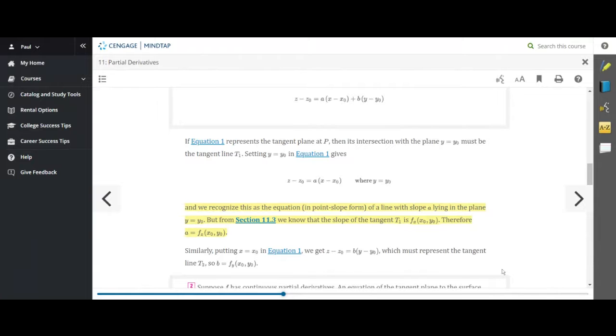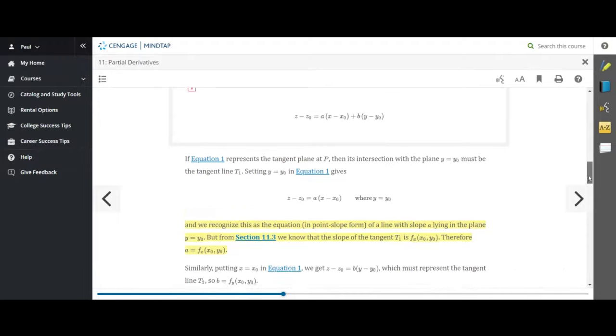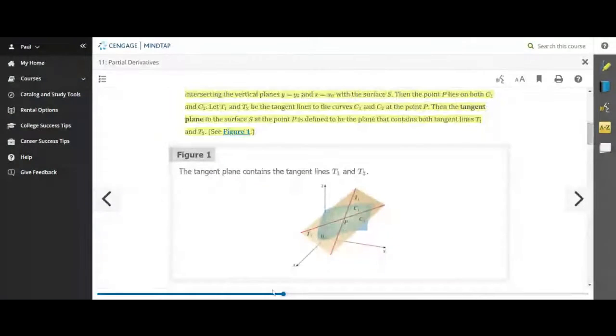And if we want to solve for B, all we need to do is go back to the picture again. Here you have another tangent line, the second tangent line.